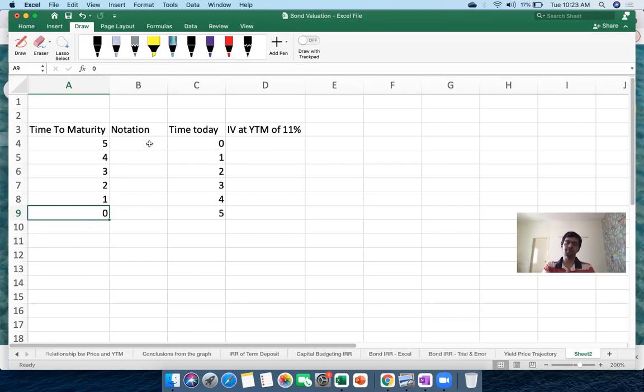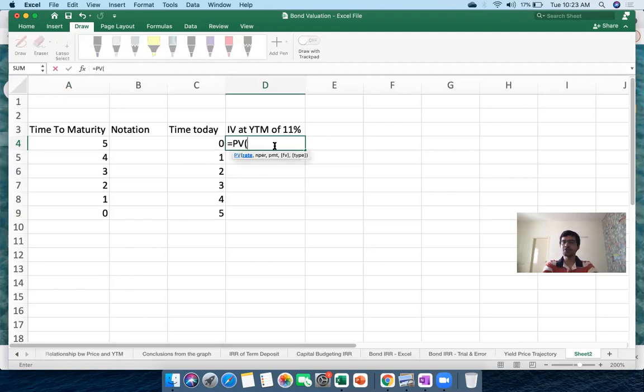Now, when I calculated the intrinsic value over here, I used 11% as the YTM. 5 periods is the time left to maturity, because the intrinsic value definition is the present value of all the future cash flows discounted at the required rate of return.